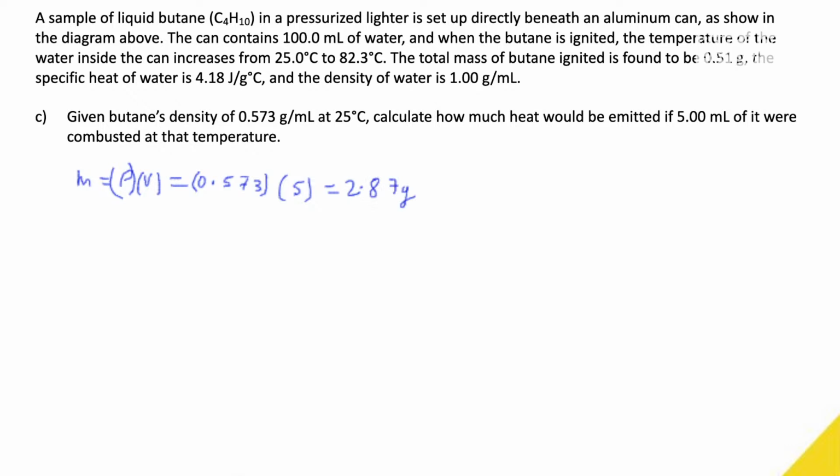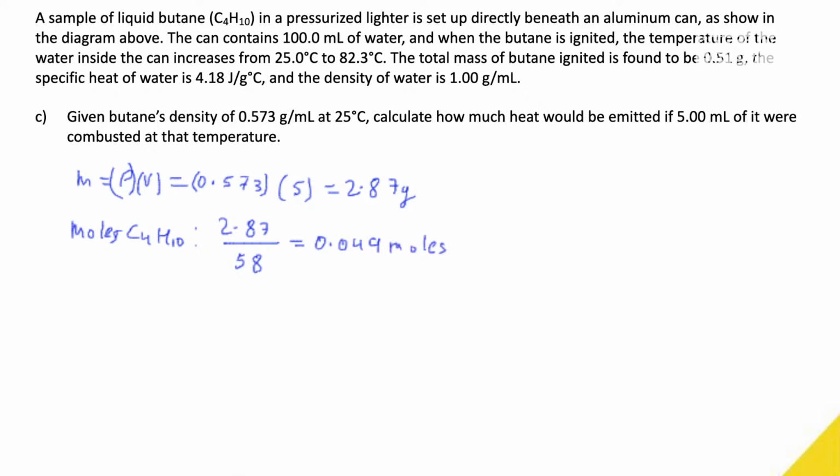Okay, so basically, once I know the mass, I need to find moles of butane, which is 2.87 grams over 58, which is equal to 0.049 moles.